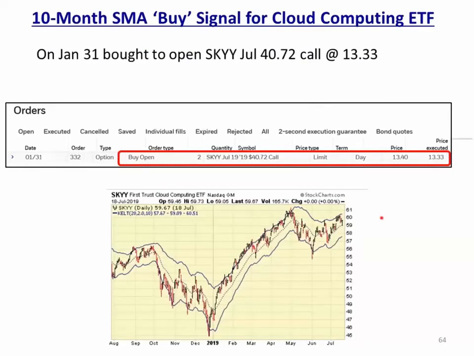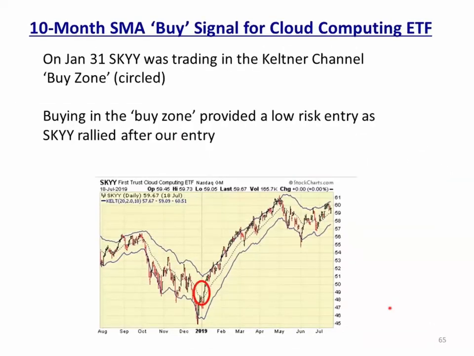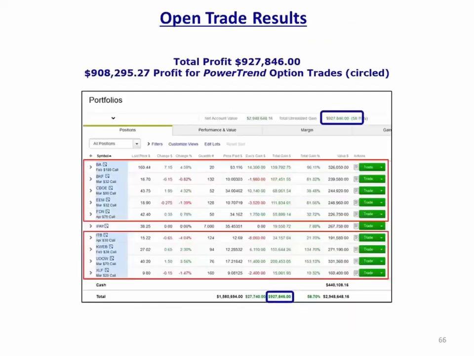Our brokerage confirmation shows we bought the SKYY July 40.7 call at 1333. And on January 31st, SKYY was trading below that upper channel, so it was in a Keltner Channel Buy Zone, and we can see after our option purchase that it rallied and gave us a nice profit.